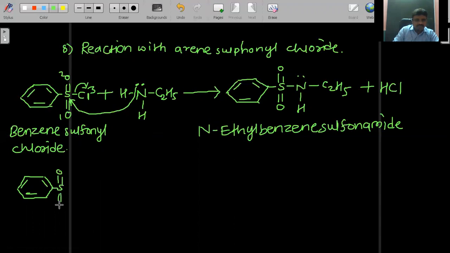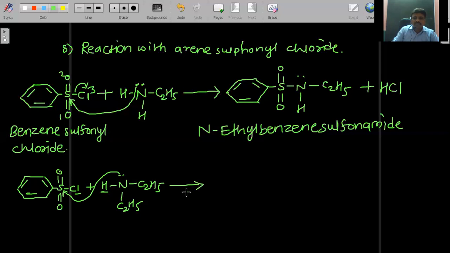Yes, double bond O, yes, double bond O. Benzene sulfonyl chloride plus it is attached to nitrogen C2H5 and C2H5. So in this reaction, NH is present, so it is secondary amine. So this nitrogen attacks on this sulfur. This hydrogen and chlorine gives byproduct HCl.